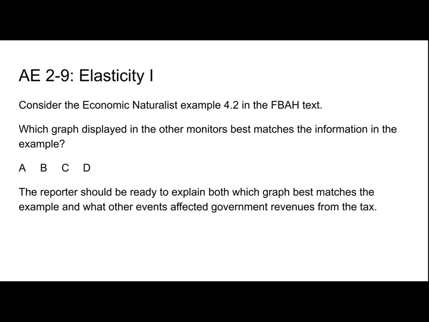So the example in the text described this attempt to raise money through a tax on luxury yachts. The problem was that demand for luxury yachts was really elastic. And the reason, of course, is that if you're rich and buying a luxury yacht, the U.S. is one place you could buy it, but there's plenty of other places, France and Monaco and zillions of other places.